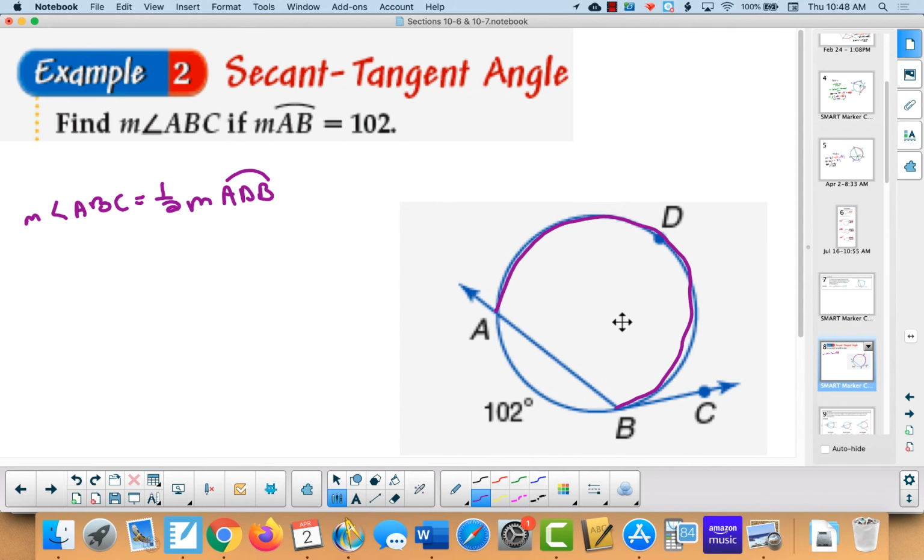Well, I don't know the measure of arc ADB, but I do know that this arc and the given arc make the entire circle.